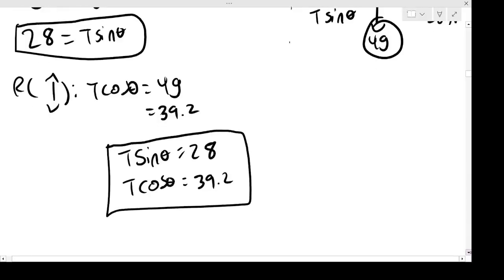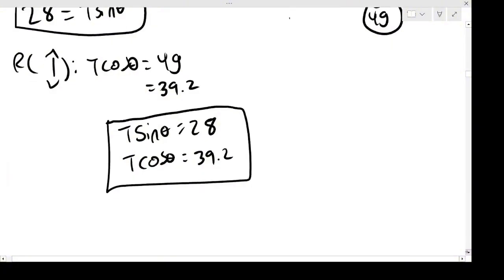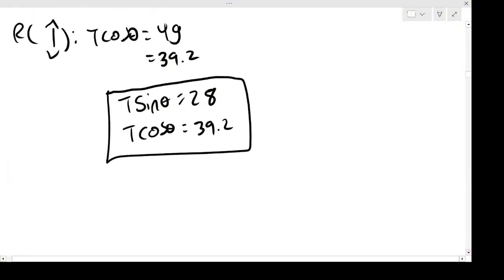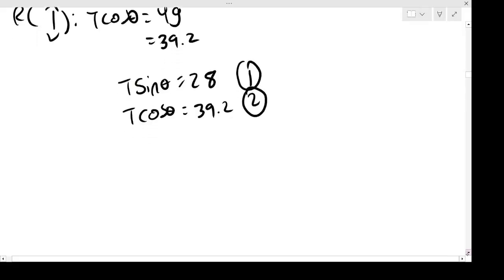Now, I need theta. So it's sort of like simultaneous equations, right? How am I going to get theta on its own? I need to get rid of the T. Well, if I call this equation 1 and equation 2, hopefully you're thinking of some trig identities.